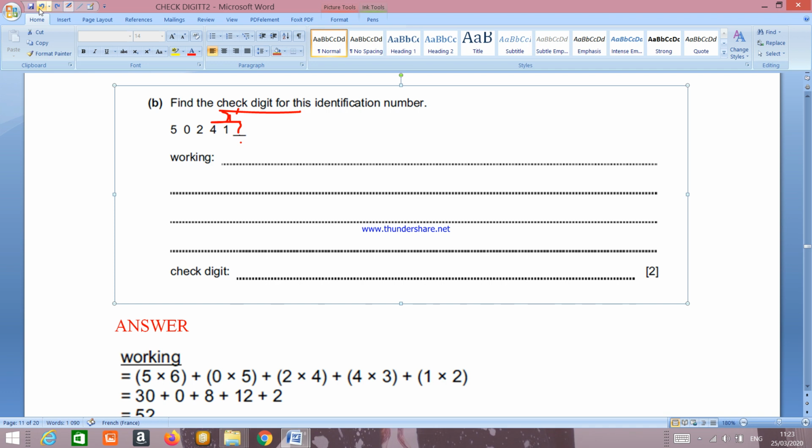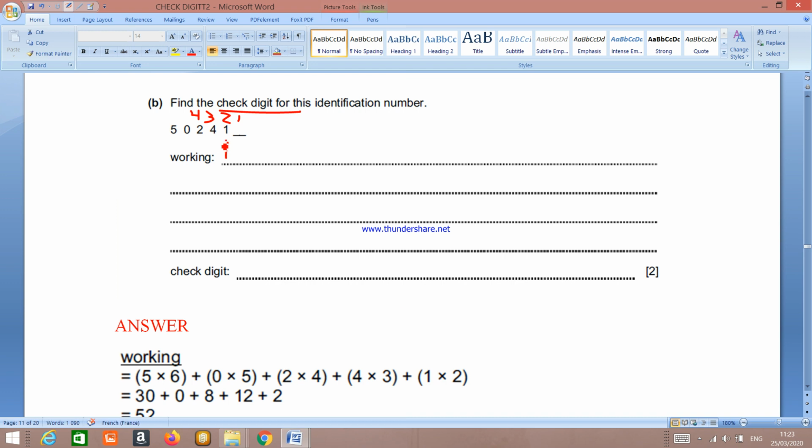Why do you start with position 2? Because the check digit you don't know. So we start with position 2 because we don't know the check digit.